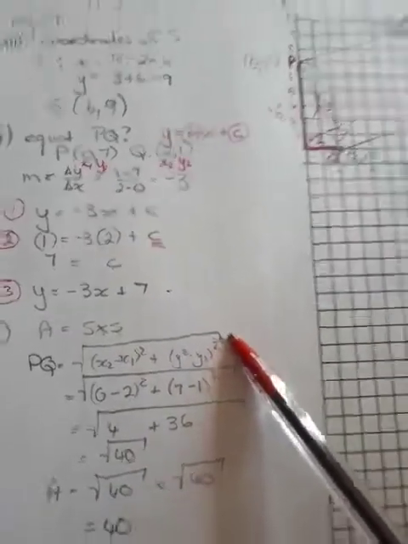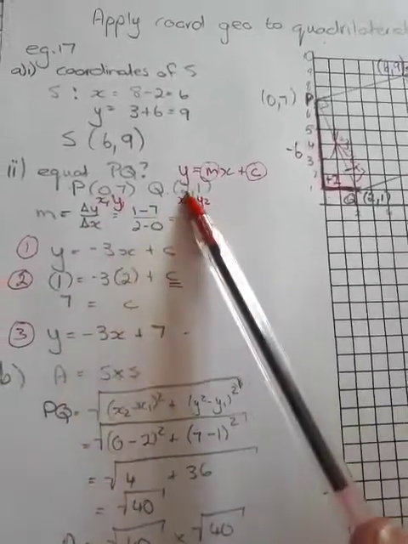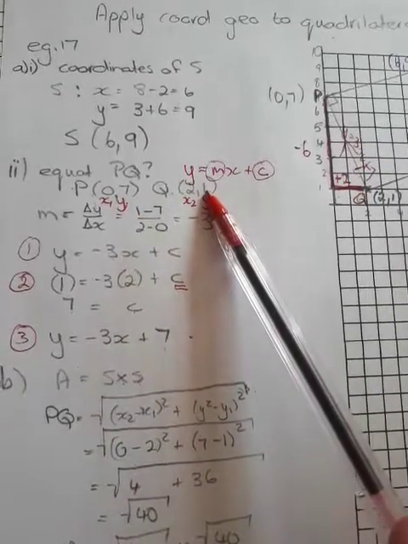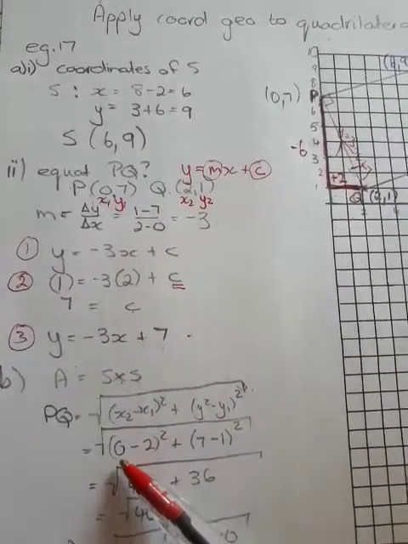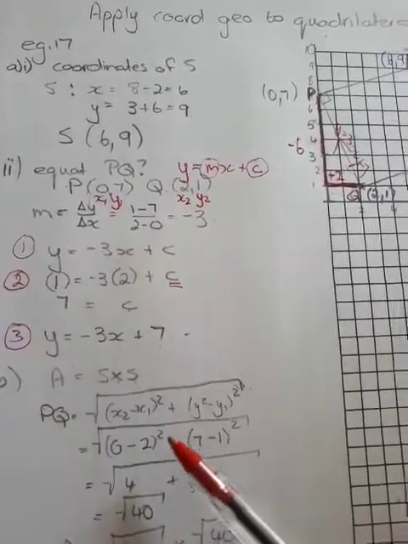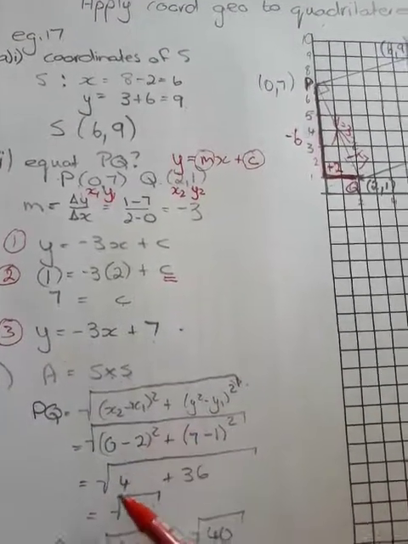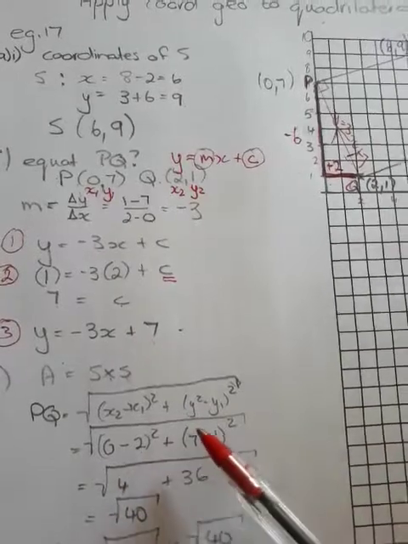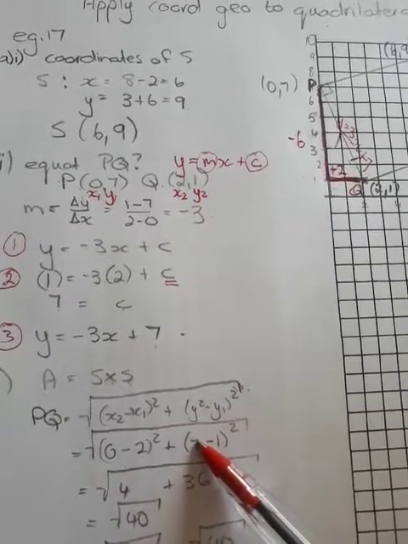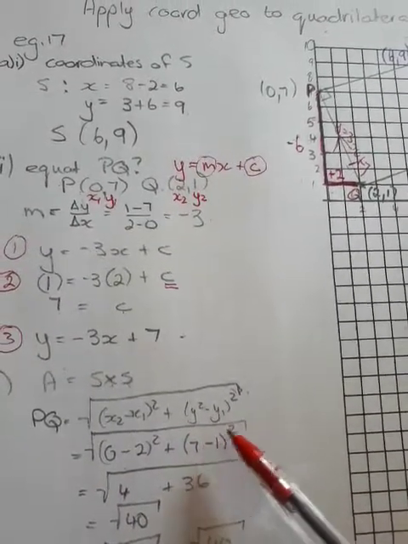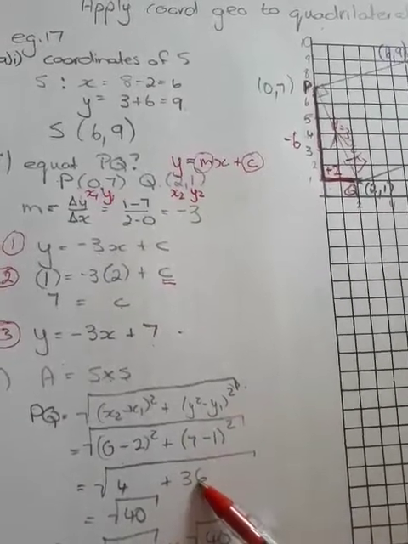So again, people, let's look at P and Q. This is where I've written that down. So x2 minus x1, I turned this around now, is 0 minus 2 squared, which gives you 4. And then y2 minus y1 is 7 minus 1 squared, which gives you 36.